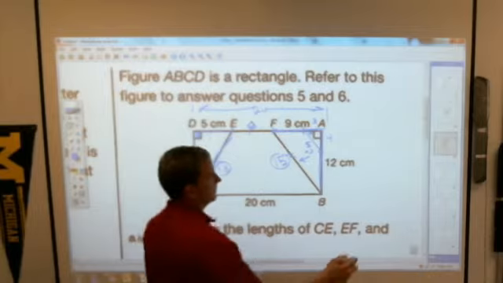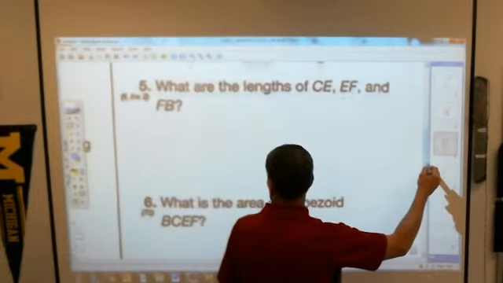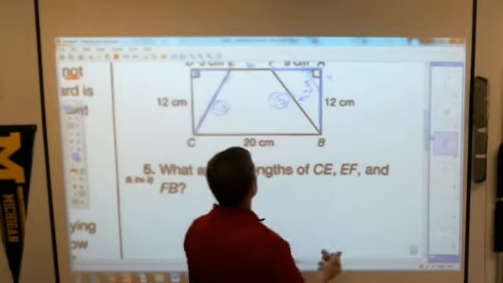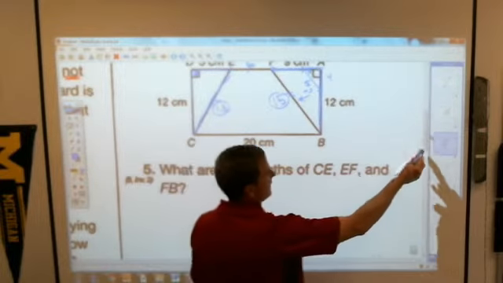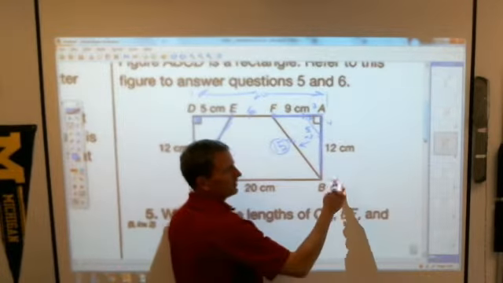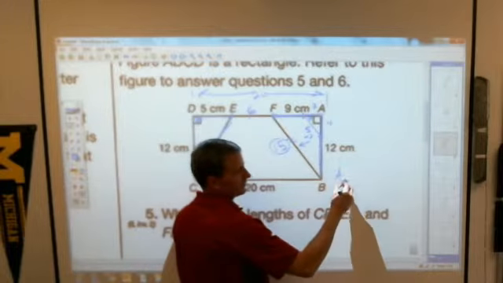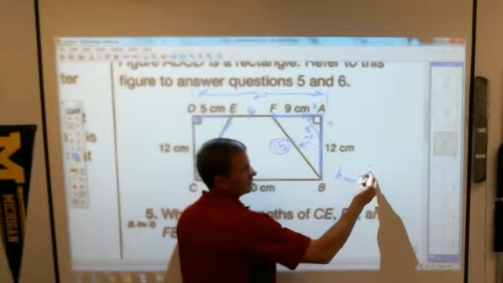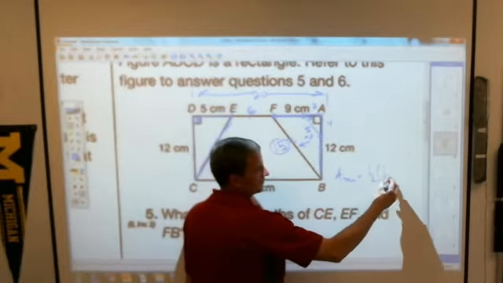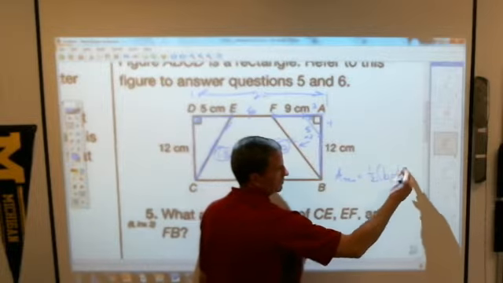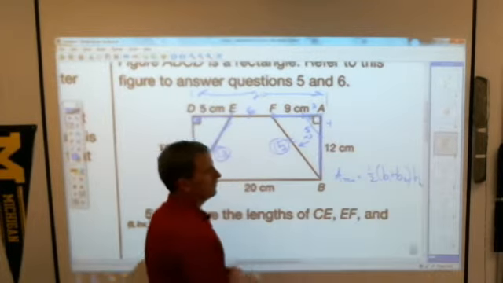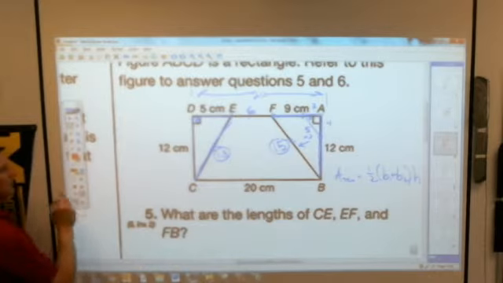Number 6 asks you what is the area of trapezoid BCEF, so you're going to write down the formula for a trapezoid. The area of a trapezoid is 1/2 base 1 plus base 2 times height. Hopefully you didn't have to have me tell you to do that.